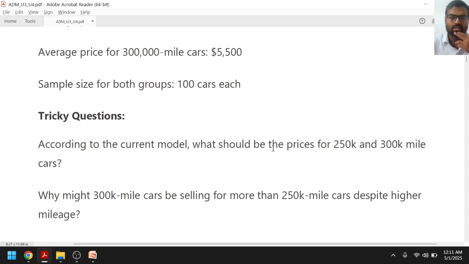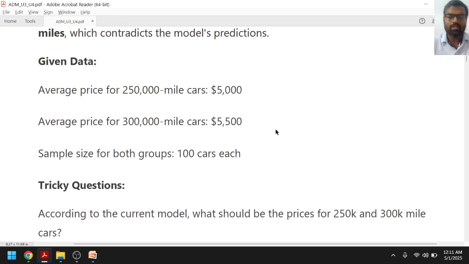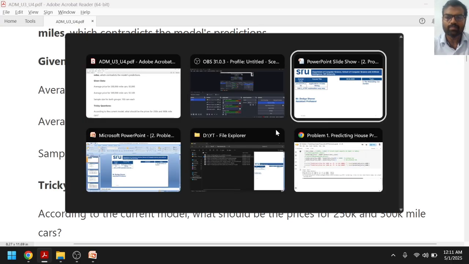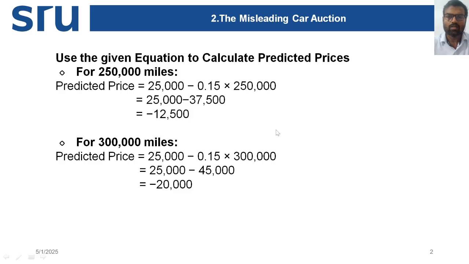The problem they are facing is that for 250,000 miles the predicted price is negative, and for 300,000 miles it is also negative.